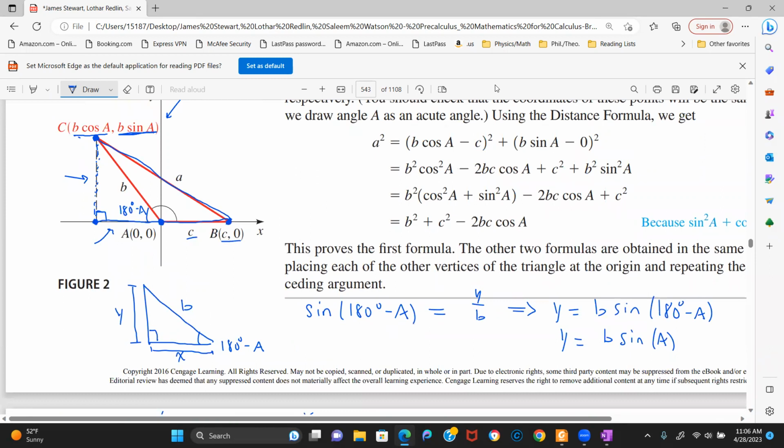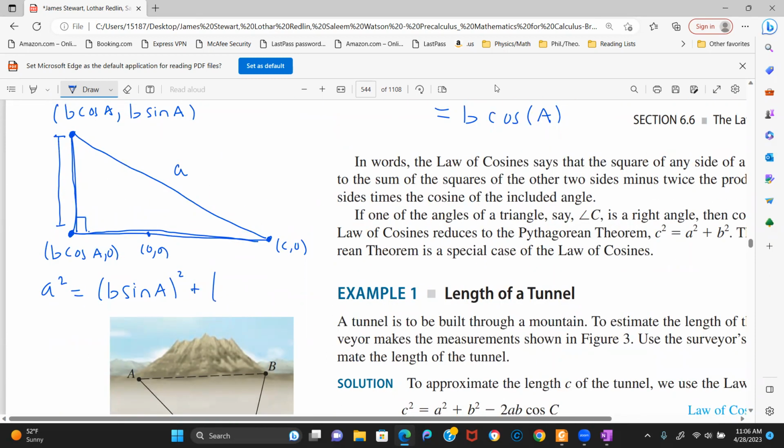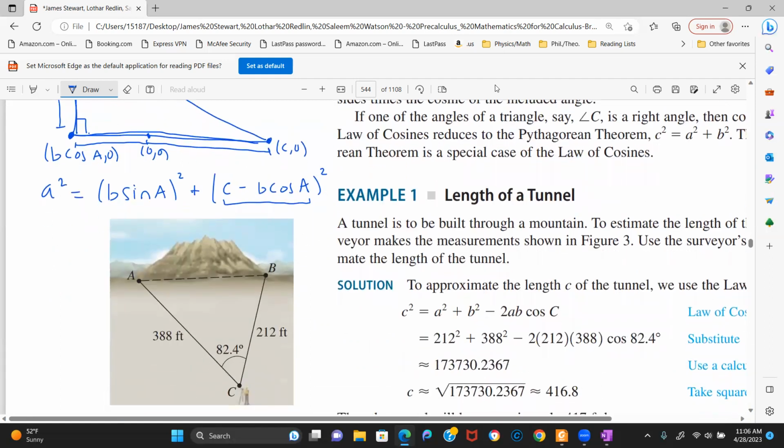It's definitely going to be a negative number. So that's why I want to subtract it, I think, right? Because then it'll make it positive. So it's going to be C minus B cosine of A. So this right here, squared, is this length, and combined with this length right here, it gives you this whole length.